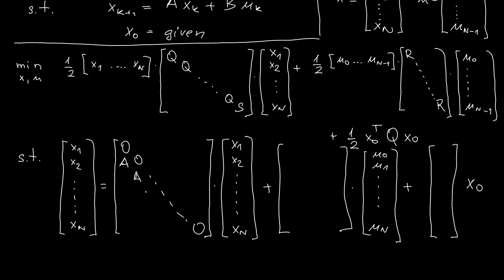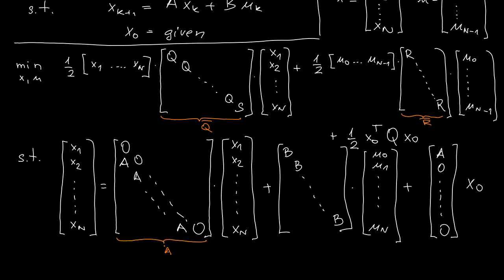Now how about the matrix that relates the states? It in fact looks like this, so check it out by yourself. And I will label these matrices as Q bar, R bar, this will be A bar, and this will be B bar, and possibly this A naught.